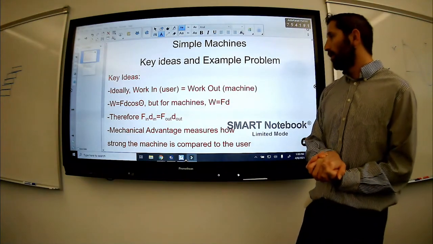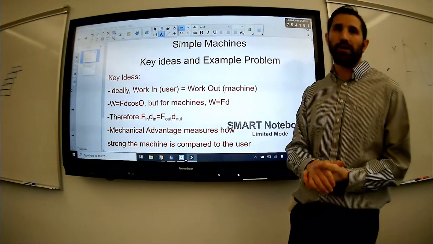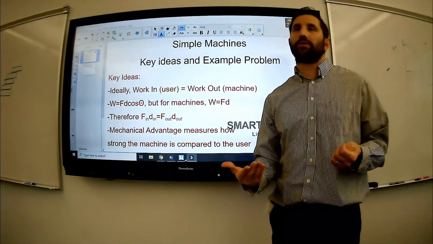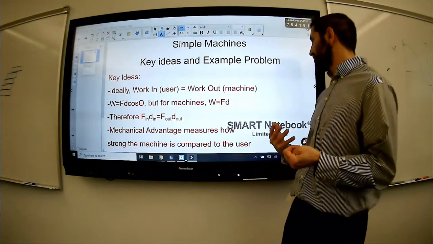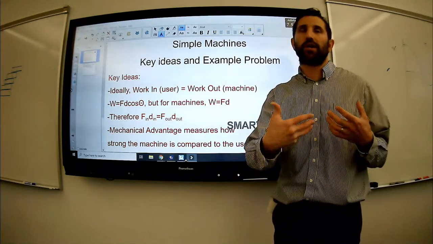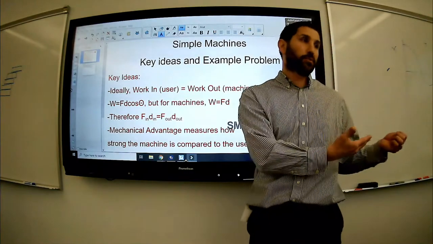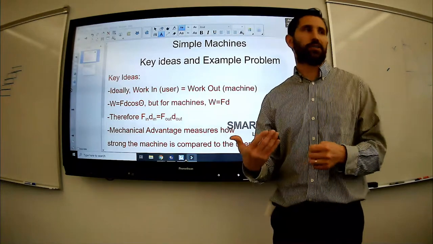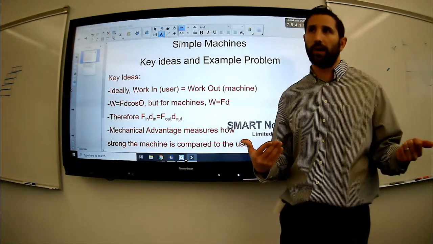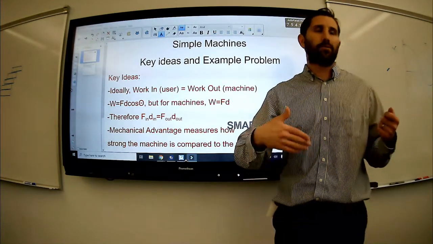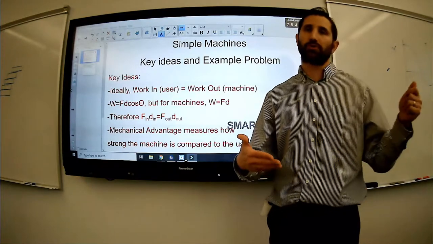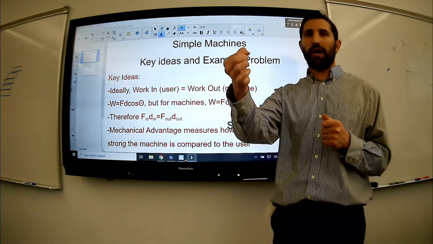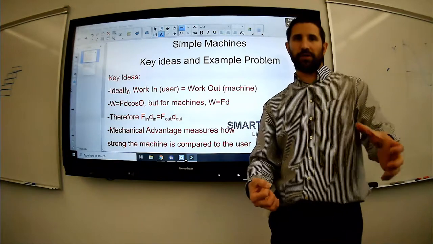Okay, we also want to talk about mechanical advantage. So just very basically, guys, mechanical advantage is a way of measuring and comparing how strong the machine is compared to how strong you are. If you've already done some of the pulley lab, you kind of saw this where as you added more string and more pulley wheels to the machine, you didn't have to pull very hard to lift that object up.